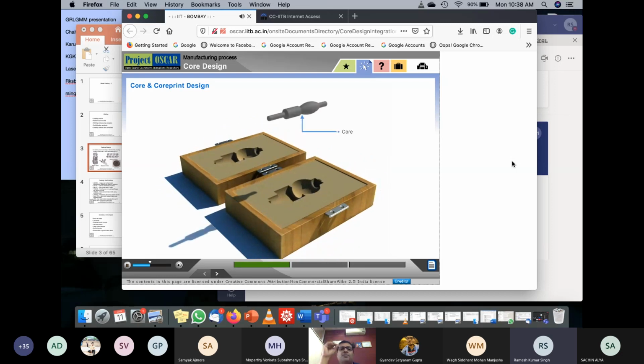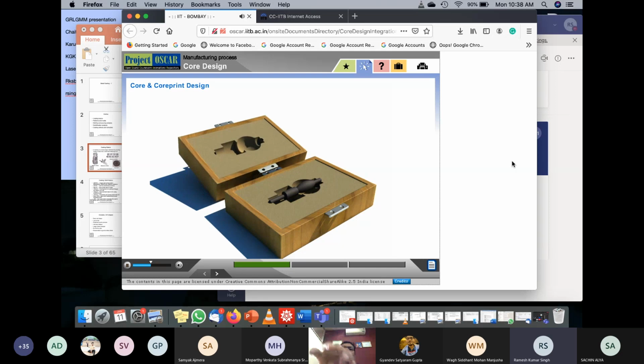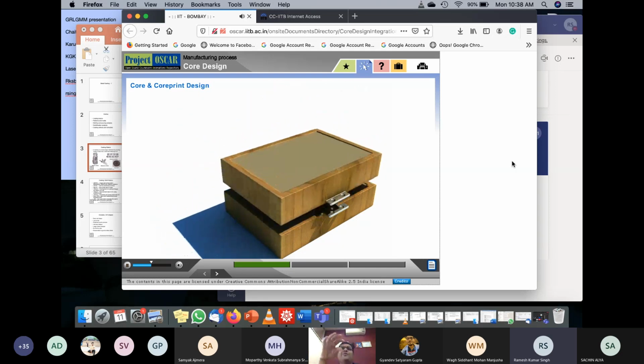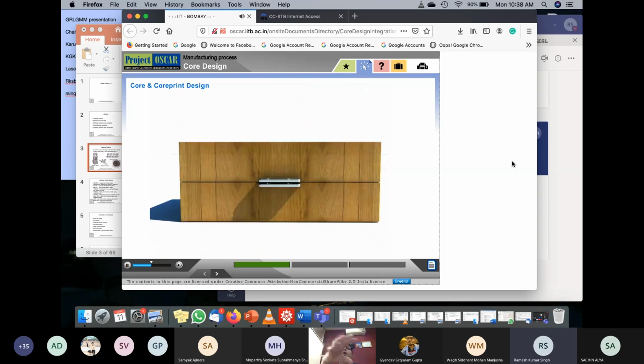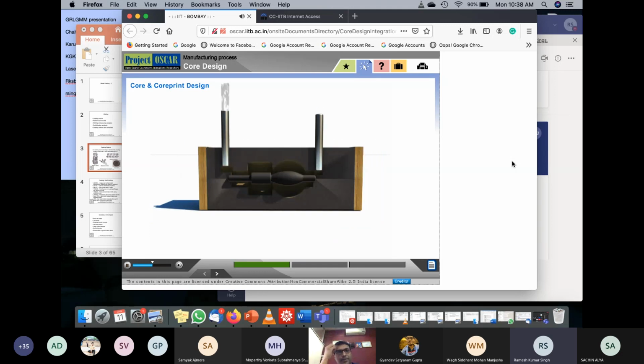And it is supported by a core print. The core is basically the portion you want hollow. So you can create the hollow shape by using a core. Pour the metal and the fluid is filled as shown in the animation. Wherever the core is, you will get hollow shapes.